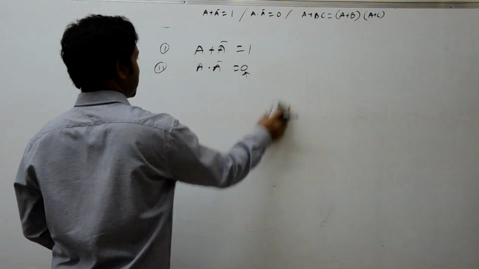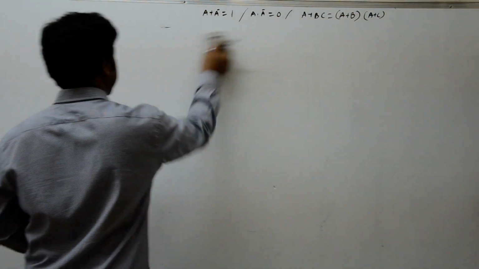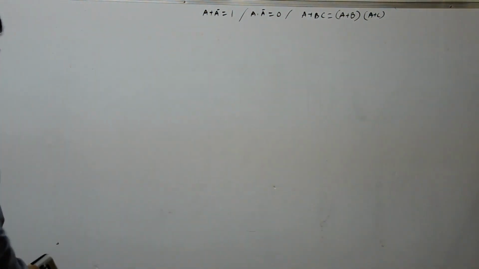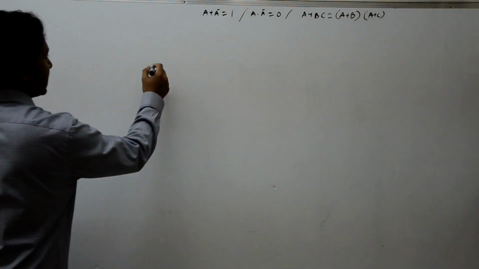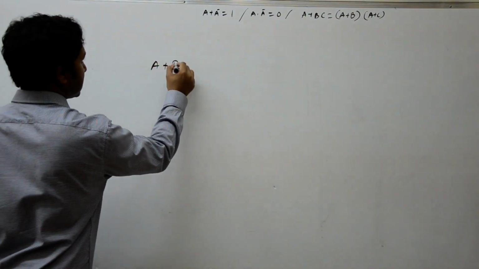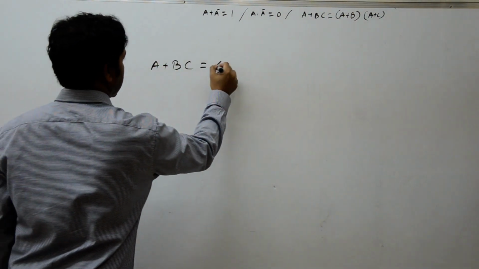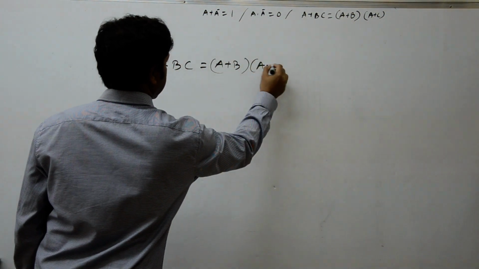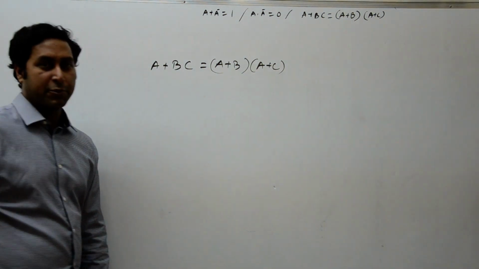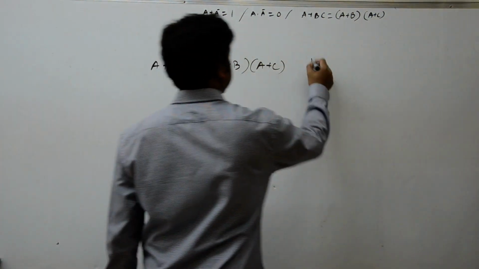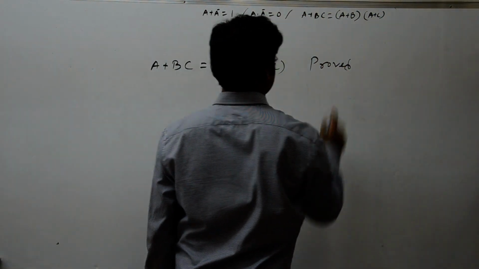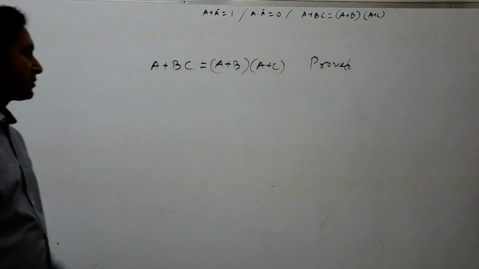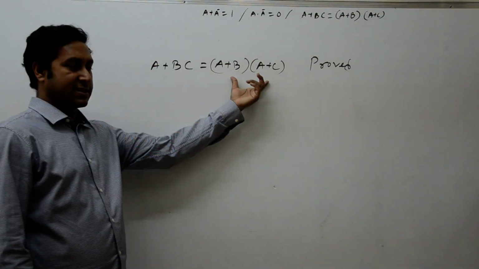Finally, for today, I'll finish with one more thing. Let's say a plus bc is equal to a plus b into a plus c. This one we'll have to prove. Left hand side, right hand side.